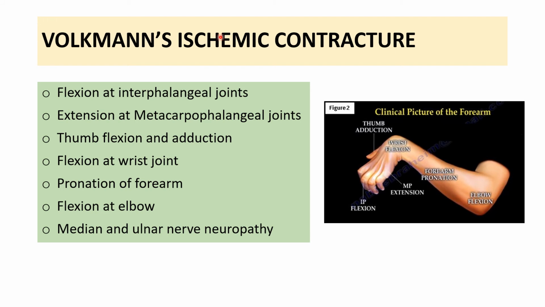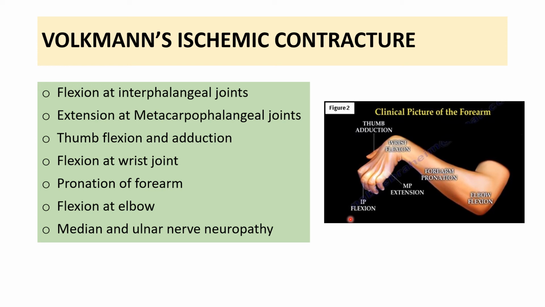If you observe the position of the limb in a severe case of Volkmann's ischemic contracture, you can observe there is flexion at the elbow, pronation of the forearm, flexion at the wrist, extension at the metacarpophalangeal joint and flexion at the interphalangeal joints.